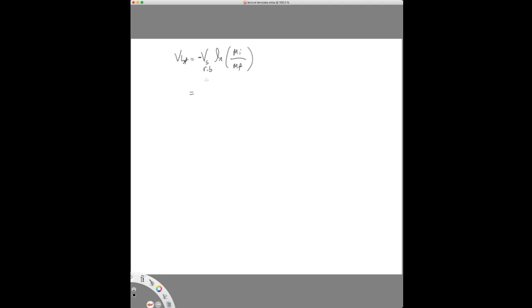Okay, so in our case, that would be minus a minus 10 times the natural log. The initial mass of the system was 170 kilograms, and the final mass, what's left after you get rid of all the stone, is only 160.